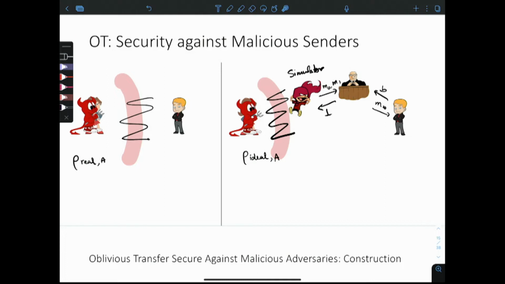Why is that? Because Alice's view is being generated entirely by the simulator. And the simulator only gets to send M0, M1, and that's it. Simulator has no idea what the bit B is.